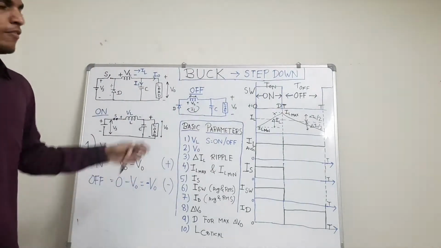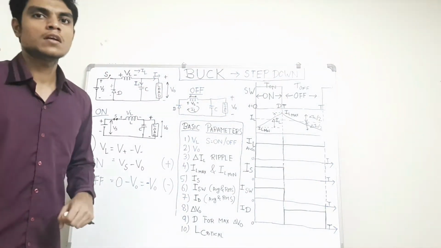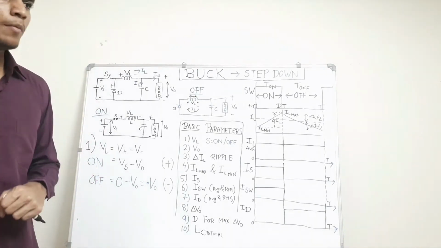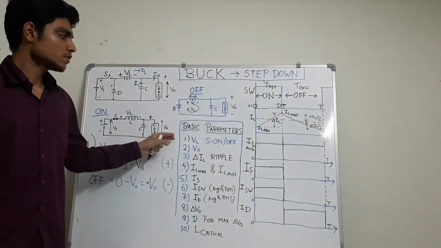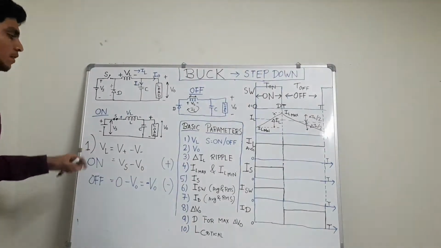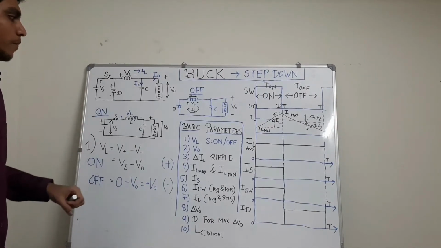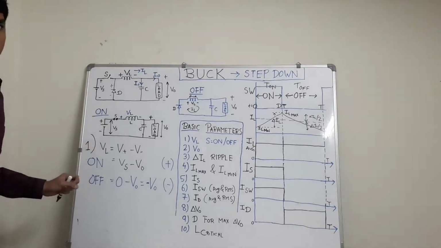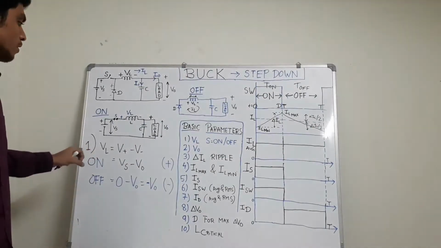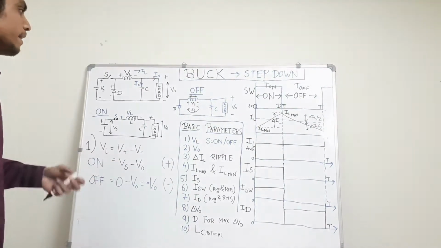So friends, now we will find the basic parameters of the inductor which are used in competitive exams for solving problems. First, let's start with the voltage across the inductor, VL. Whenever the switch is on, the voltage across the inductor can be given as V plus minus V minus at any instant.